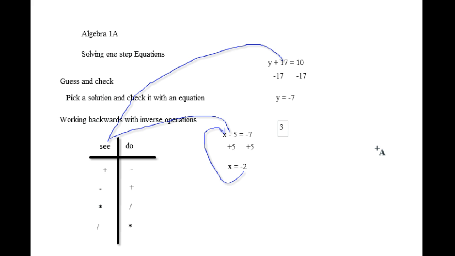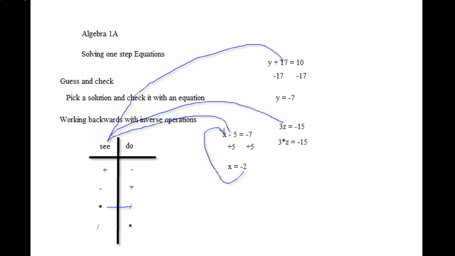Now this one's more difficult. 3z equals negative 15. You don't see an operation, but when you don't see an operation, it's actually times. 3 times z equals negative 15. Once again, what do you see? I see times.